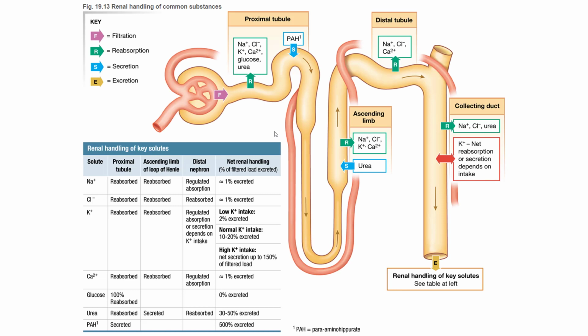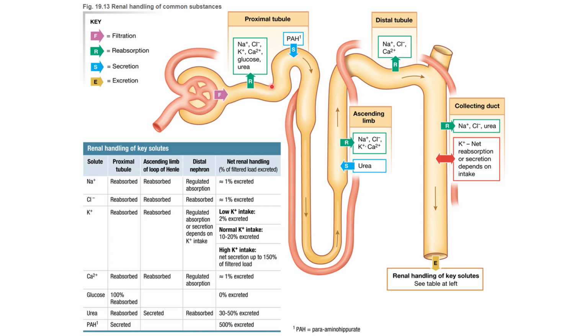Now that we've talked about these four processes, let's talk about how or where some common solutes are handled and where these processes take place in the nephron. All filtration takes place in the Bowman's capsule, where we have filtration out of the glomerulus.